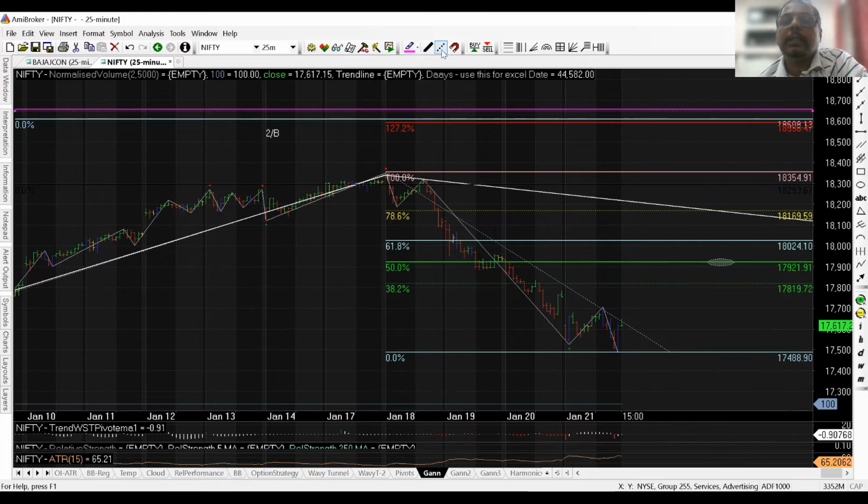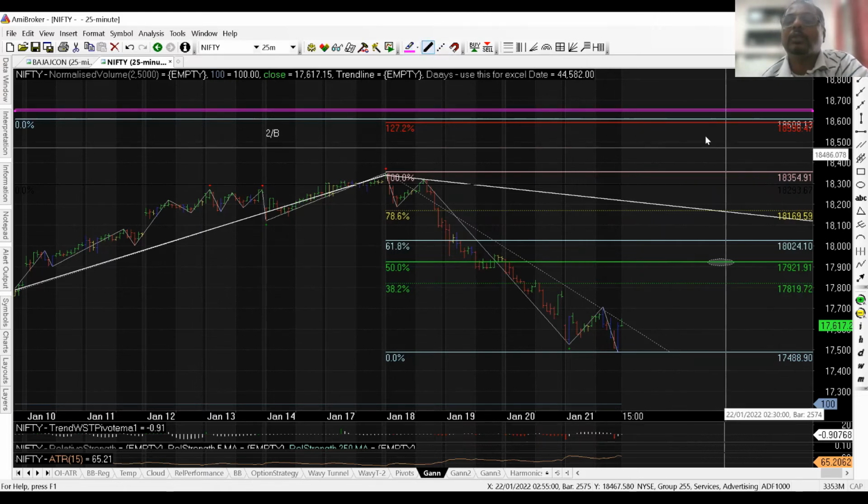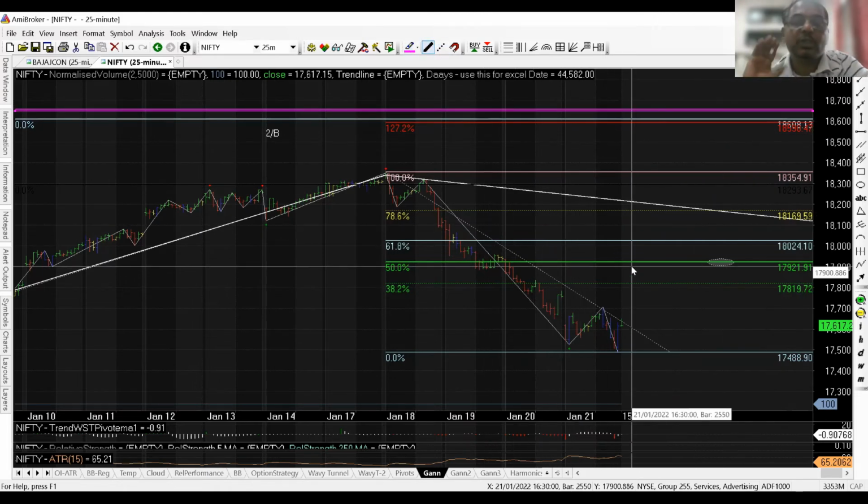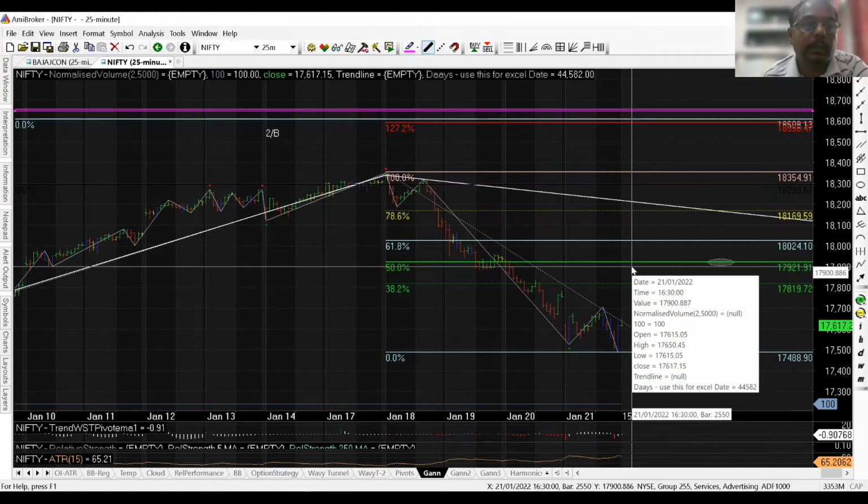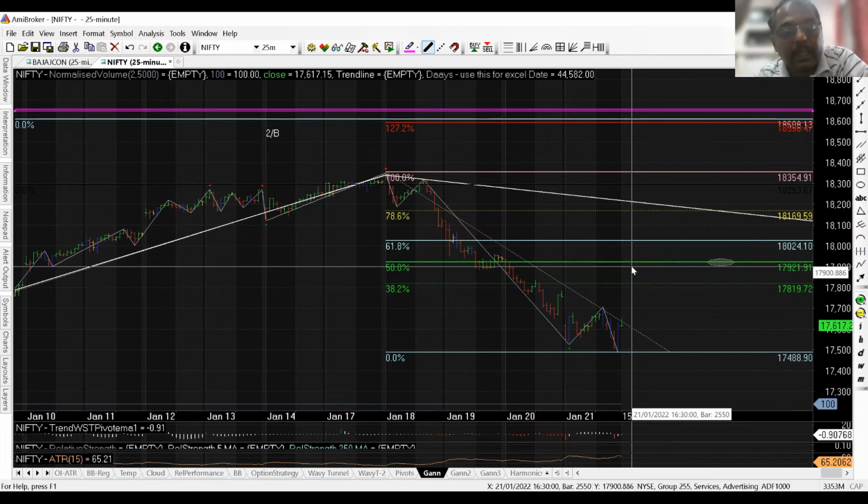Select magenta, bold. So this is my stop loss for my short expectation. If it goes above this line, I'm going to change my hat and I would start going long. Then if that goes above there, my target is 19,200, which I talked about.